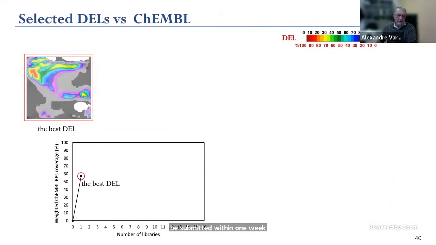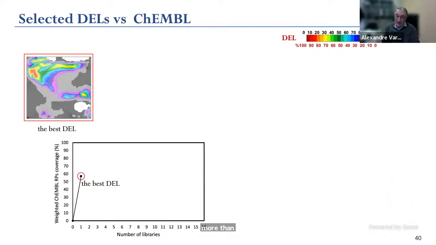Okay, so when we performed this operation, we intersected each DEL with Campbell, and then performed the ranking, and with our great surprise, the best DEL overlapped with Campbell by more than 50%.